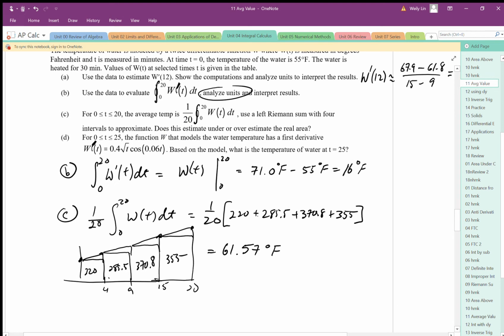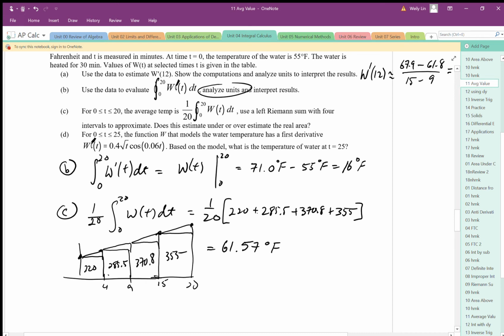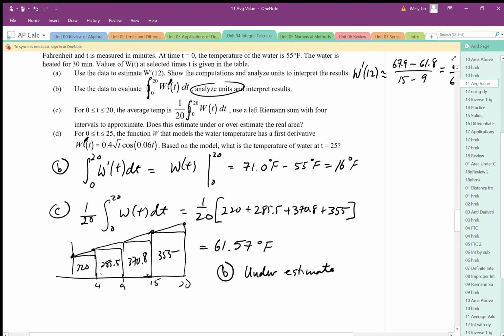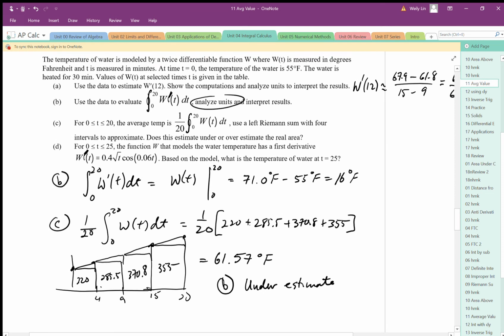Okay, so that is the average temperature. Does this estimate under or overestimate the real area? Since it is an increasing function, we're going to say that the area, so this is part B, this is an underestimate. The reason it's an underestimate is because it is a strictly increasing function.